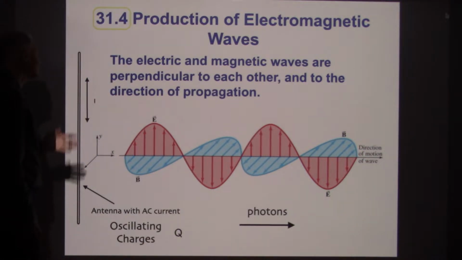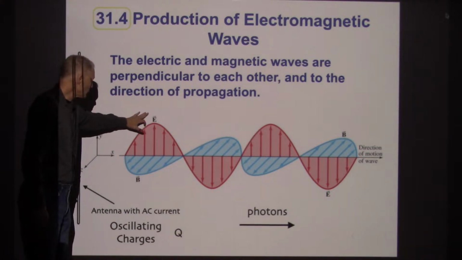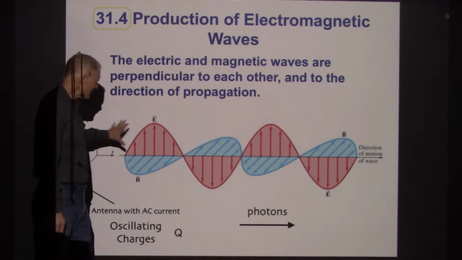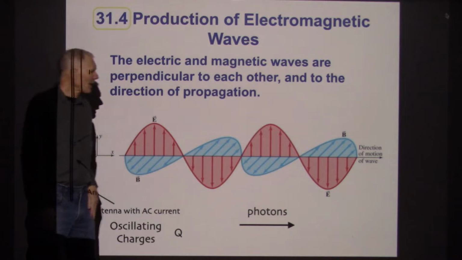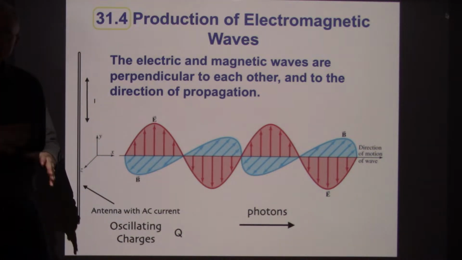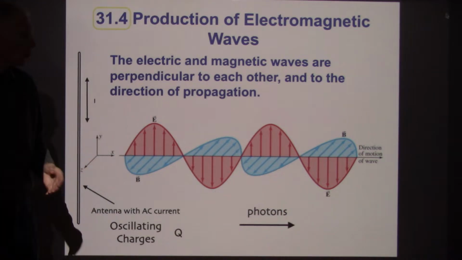And the photons can be represented in terms of their electric and magnetic fields. Now, this has a wave look to it. Now, it's not. There's nothing waving here.